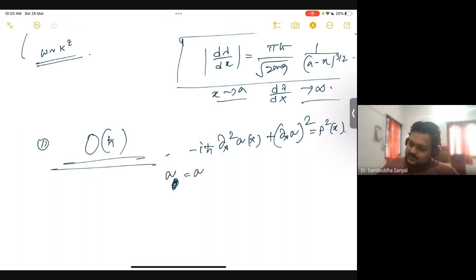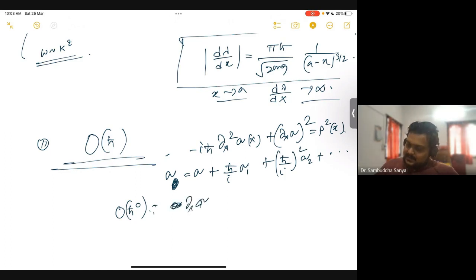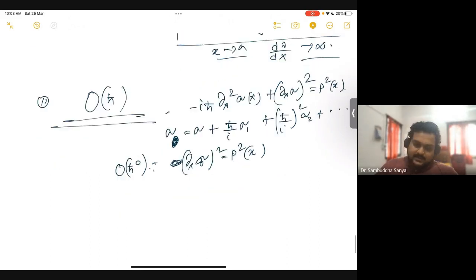Sigma is sigma naught plus h bar by i sigma 1 plus h bar by i squared sigma 2 plus dot dot. We have seen that at order h0 it was sigma del x sigma naught squared equals p squared x.